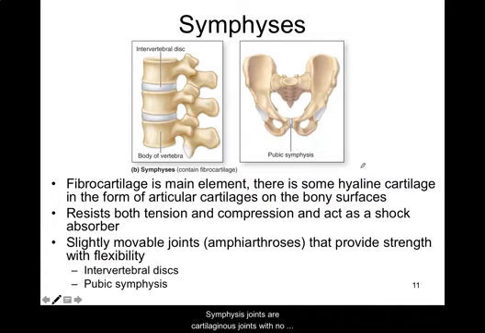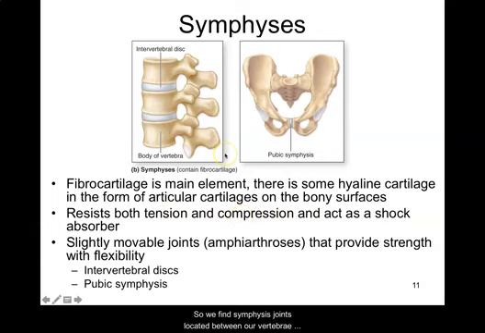Symphysis joints are cartilaginous joints with no fluid-filled joint cavity, no fluid-filled capsule surrounding the articulating surface, and in this case, the main connecting cartilage is fibrocartilage. These symphysis joints are really, really strong because of that fibrocartilage. All the collagen and the packing of chondroitin sulfate ground substance, these joints are able to resist extreme tension or pulling forces and extreme compression or pushing forces.